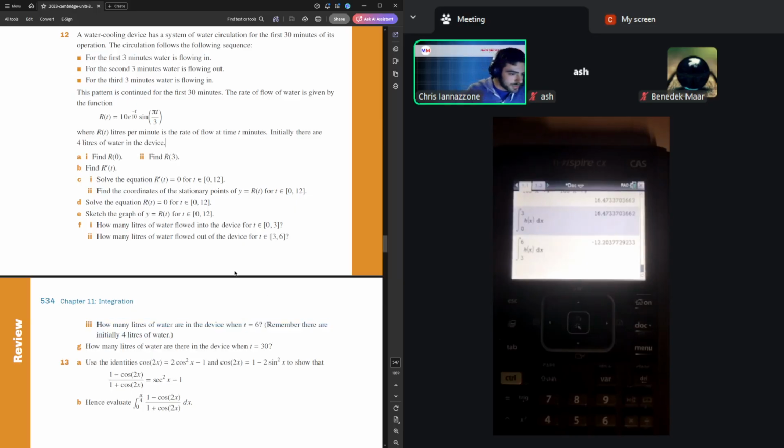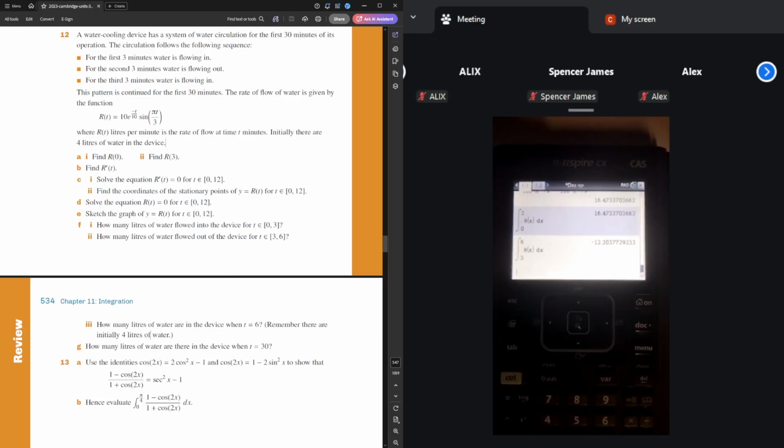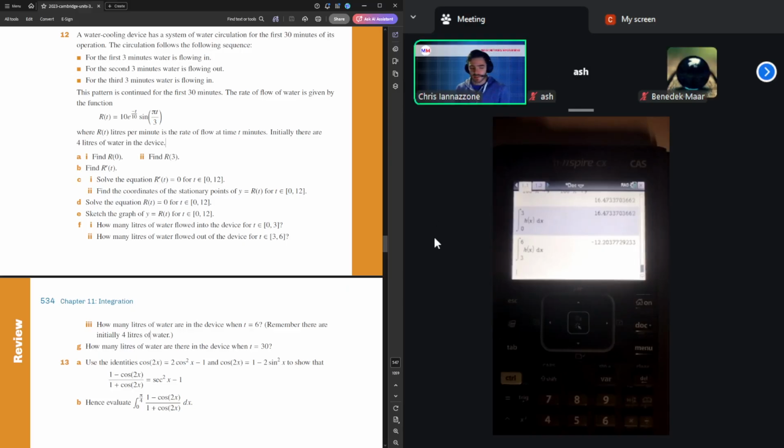Part iii, how many liters of water are in the device when t equals 6? And then they've even given you another reminder there. Remember, there are initially 4 liters of water. We've got a lot of tools at hand to now answer this.